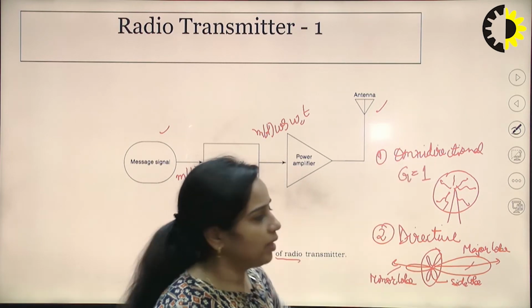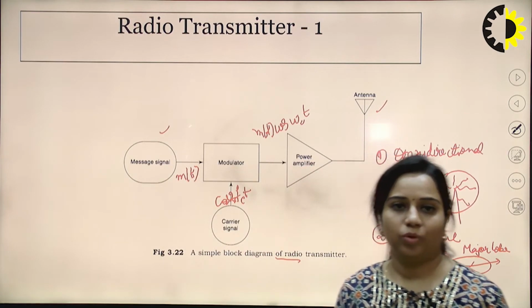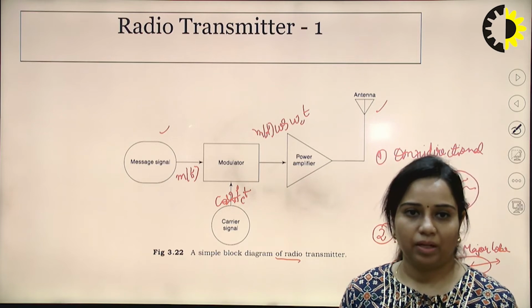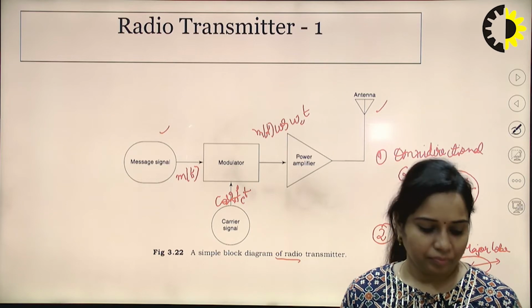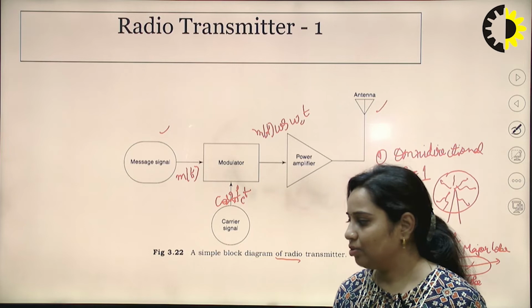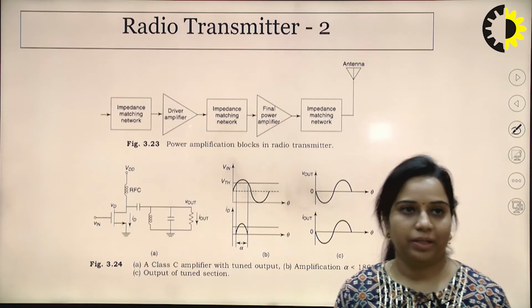Otherwise the omnidirectional antenna is much more beneficial, but practically it is not possible to use it. It is just used for mathematical calculation because its gain is equivalent to 1 and that will be cancelled out in the mathematical analysis. So that is the case for the two types of antennas that we can use.